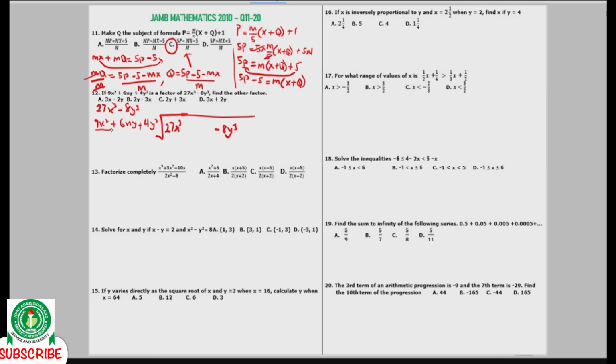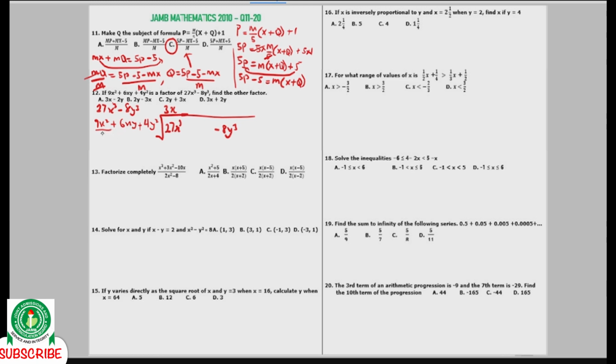So use 9x² to divide 27x³. 9 divided by 27 is 3. X² in x³ means this x² will cancel two of the x here, so we have 3x. 9 divided by 27 is 3, x² divided by x³ is ordinary x.